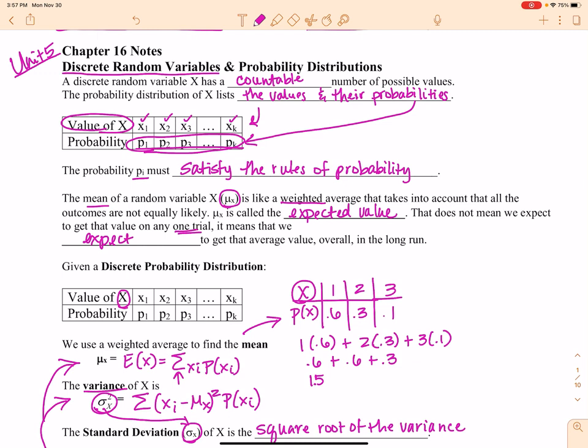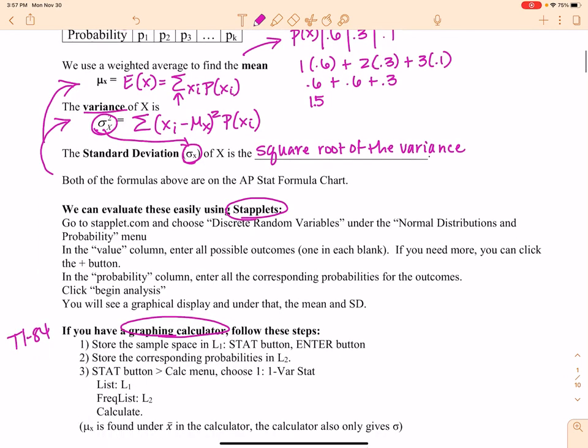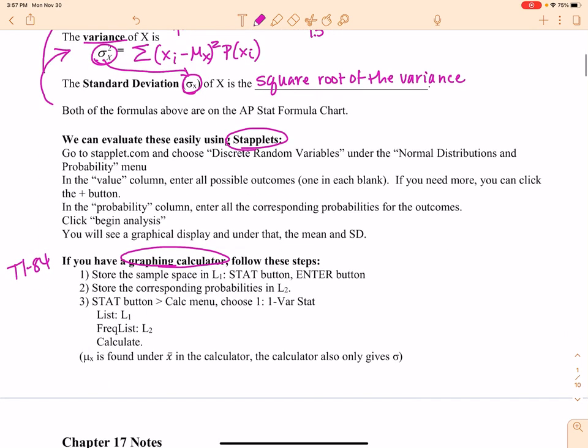When I'm interpreting the standard deviation, remember from Unit 1 that the standard deviation tells me the typical distance from the mean, so how much variability seems typical on either side of the mean. That's just to remind you of how we interpret things.